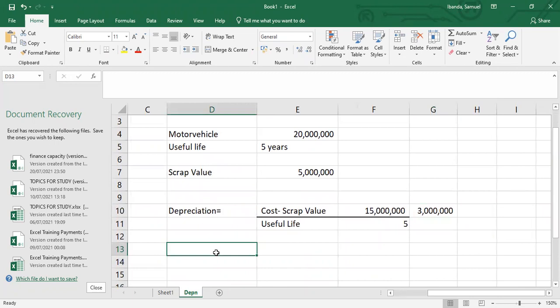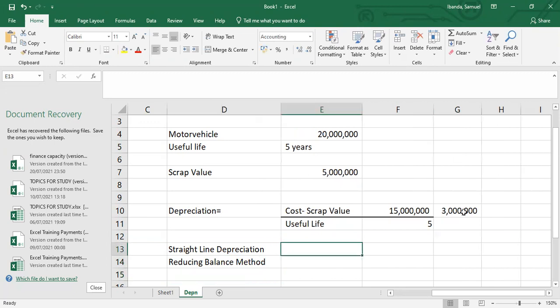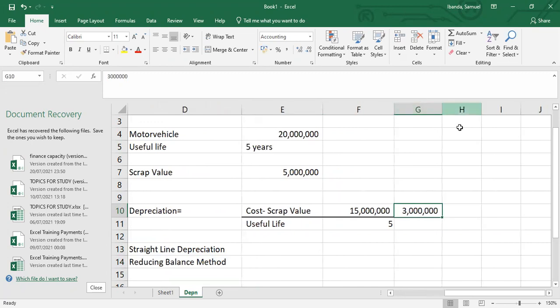Now, depreciation has two methods. We have what we call straight line depreciation, and then we have what we call the reducing balance method. Now, for this case, this is straight line.